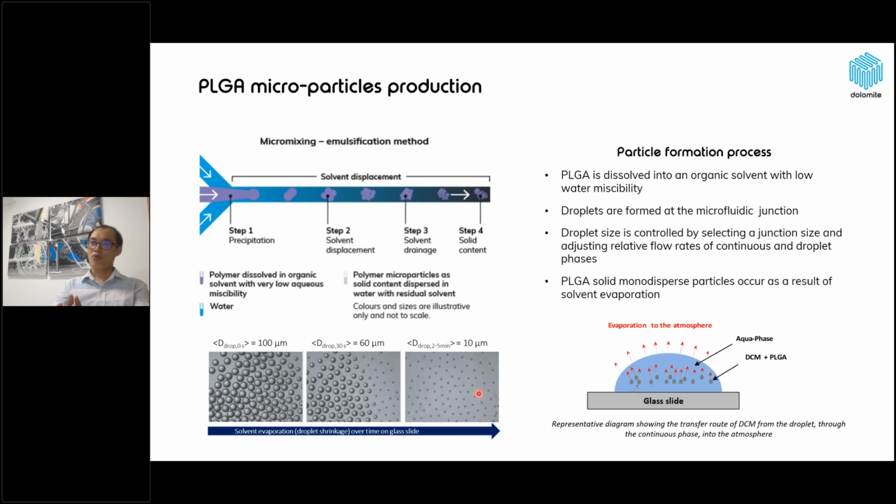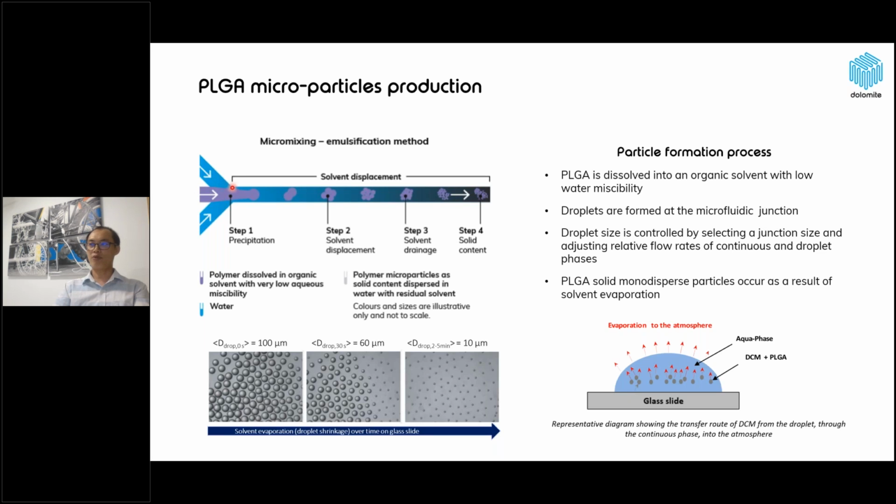So with this method, the PLGA is dissolved into an organic solvent with low water miscibility. For example, we dissolve the PLGA in DCM, and then we introduce the PLGA and DCM into the antisolvent like water.